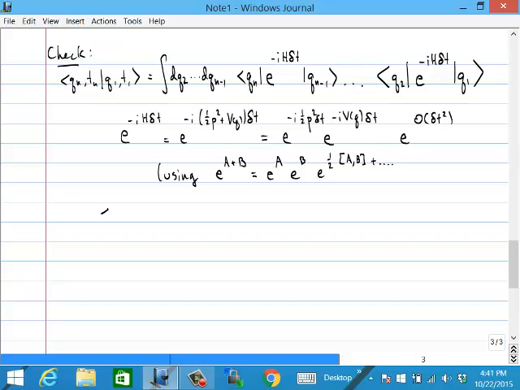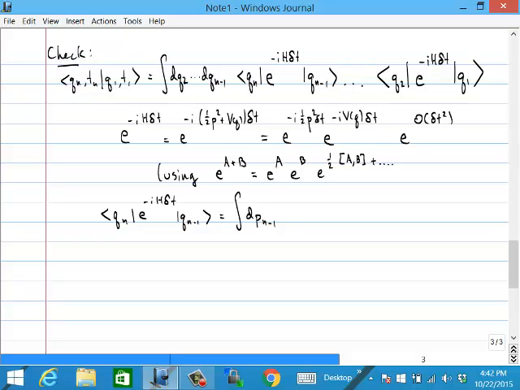In order to make this a little bit more clear, let's just study this transition amplitude in a little bit more detail using this formula. So what I want to do is nothing again in a very clever way.